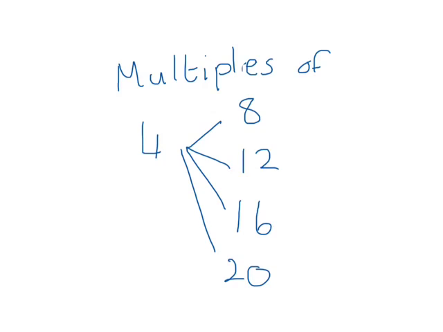Multiples are the larger. They're all multiples of 4. And then the opposite way, we would say 4 is a factor of 8, 4 is a factor of 12, 4 is a factor of 16. So that would be your factor. And to find the product of factors, you multiply them together.